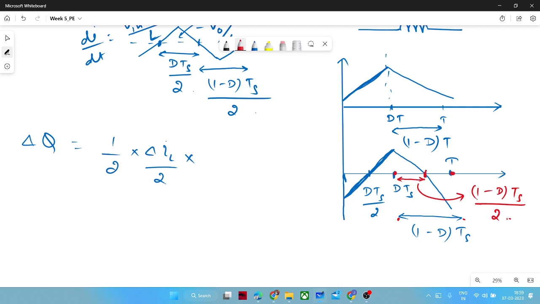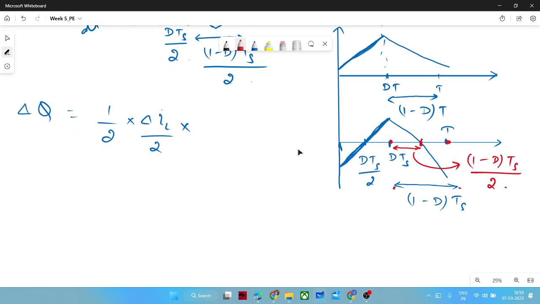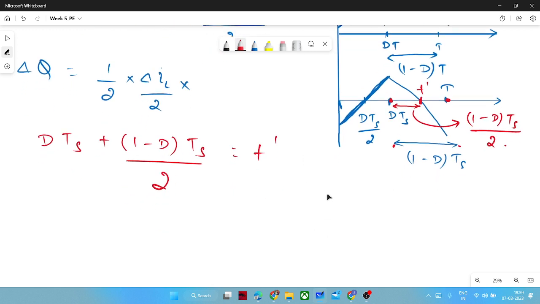Is there any objection with this point? Now that particular time stamp we can compute easily. You see, we can add dts, this point is dts plus this time period, plus (1 minus d) into ts by 2. That will be this point, we can say t dash. Can I write it like that? T dash is equal to dts plus (1 minus d) into ts by 2.